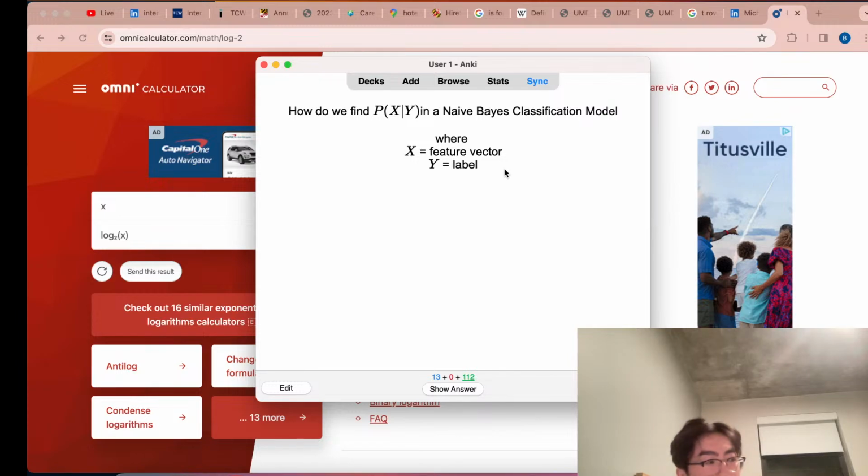Probability that the weight is equal to 140 pounds times the probability of y is equal to yes, given the weight is equal to 140 pounds, when we divide that by the probability y is equal to yes.